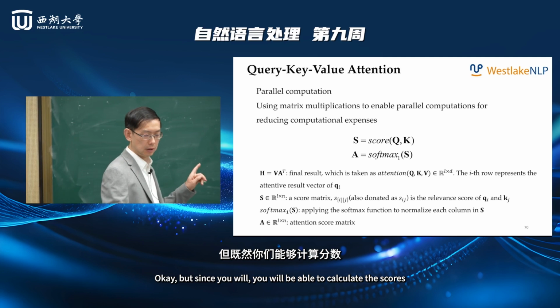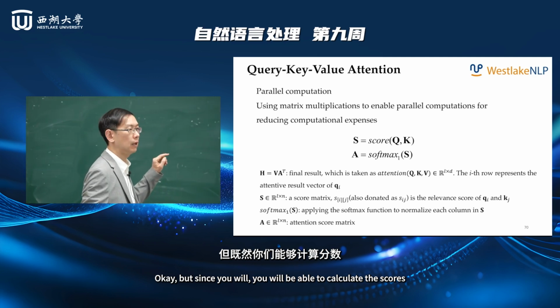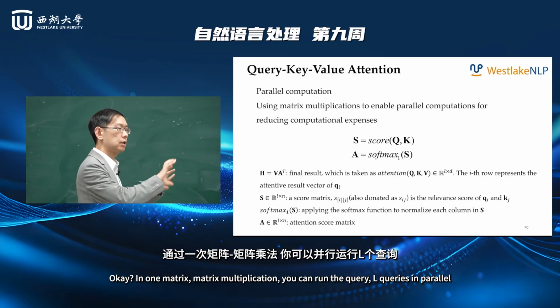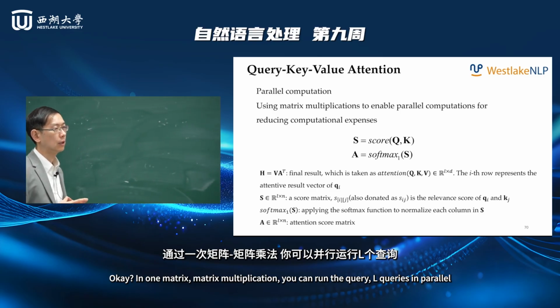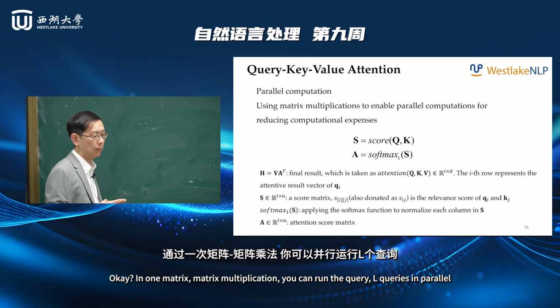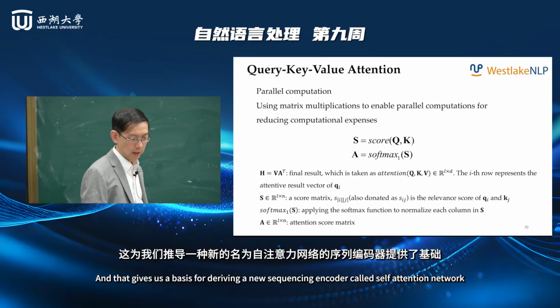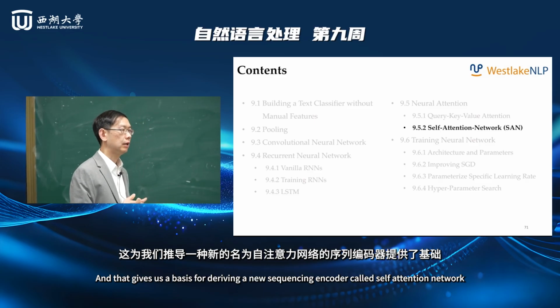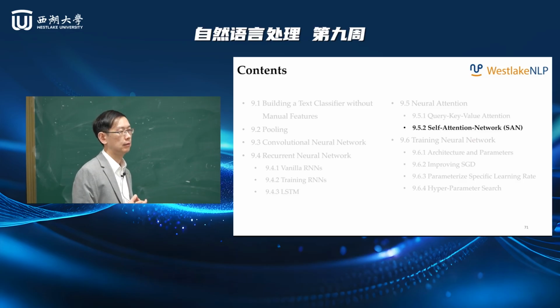But since you will be able to calculate the scores in one matrix multiplication, you can run L queries in parallel. And that gives us a basis for deriving a new sequence encoder called self-attention network.